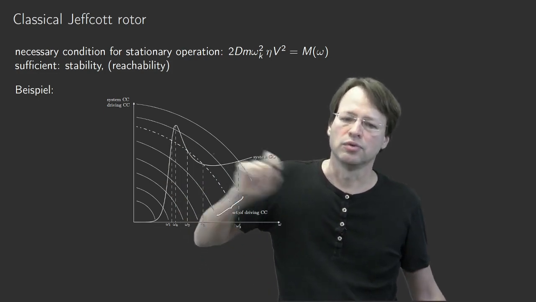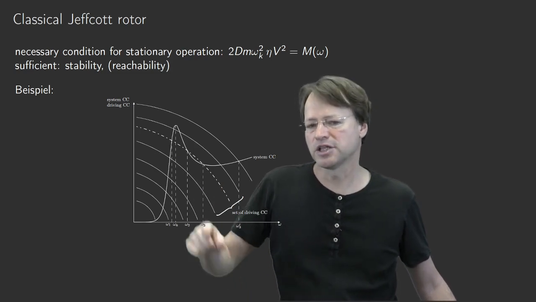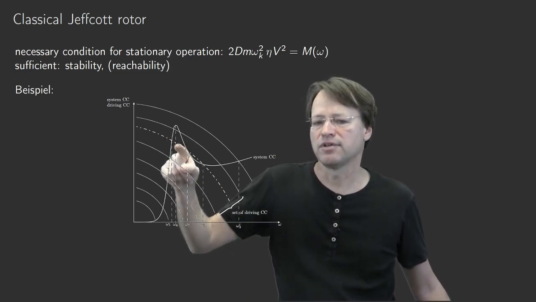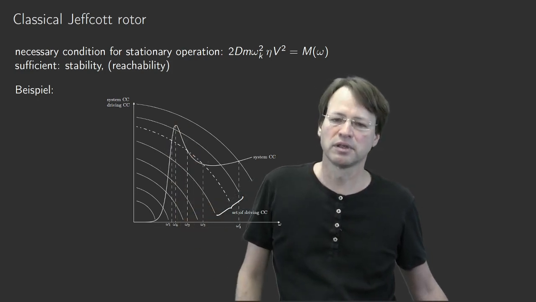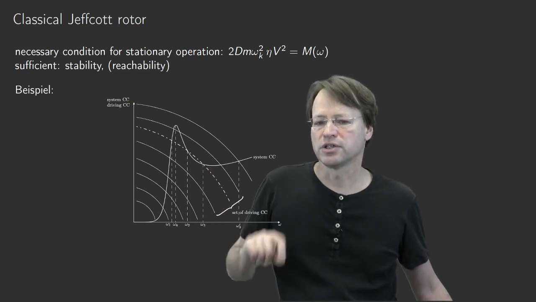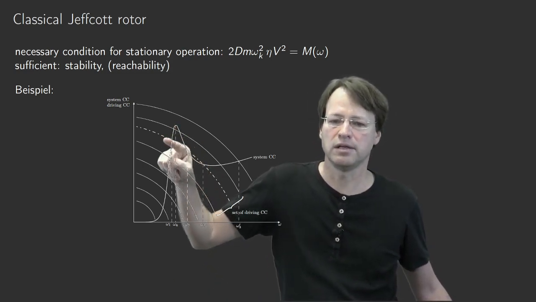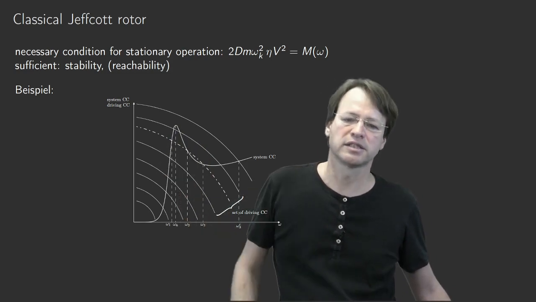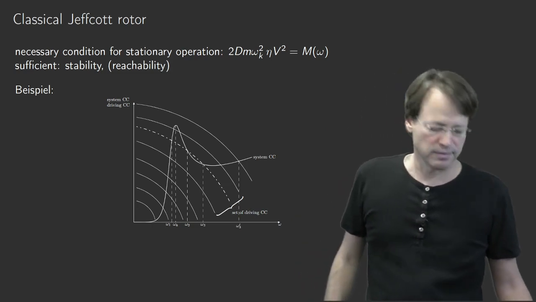So you decrease omega, unfortunately, through some perturbations, and then the driving characteristic is lower than the system characteristic torque. That means you have a further decrease of the rotational speed, and you move again through the resonance, very dangerous, and you get stuck again at omega 1. So omega 2 is not stable.